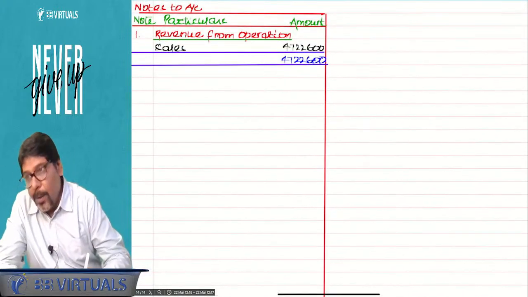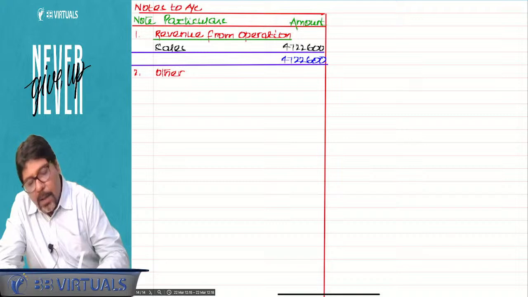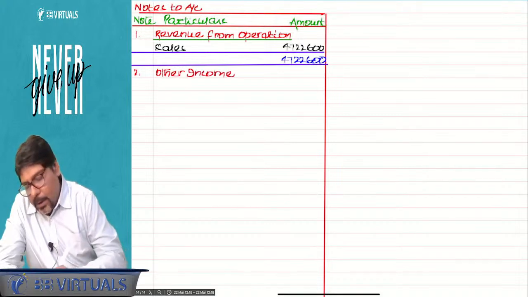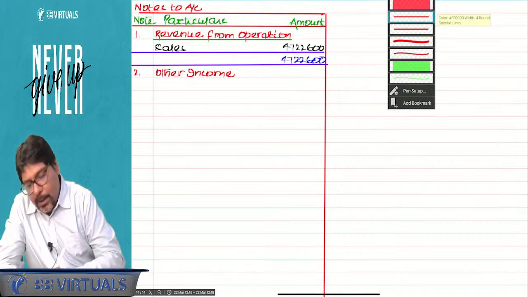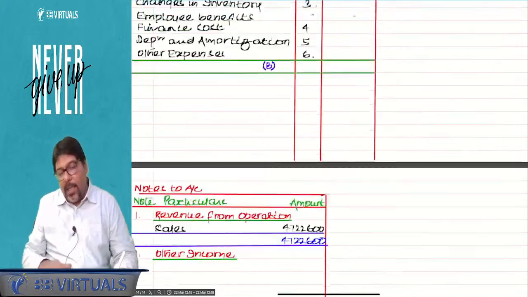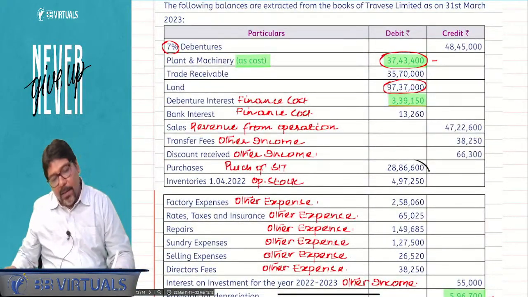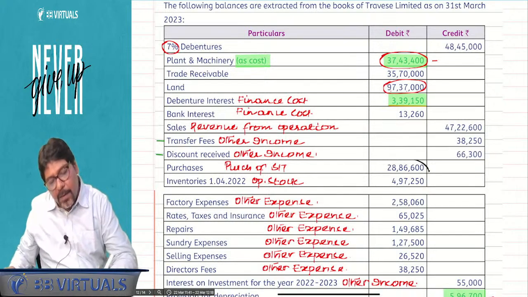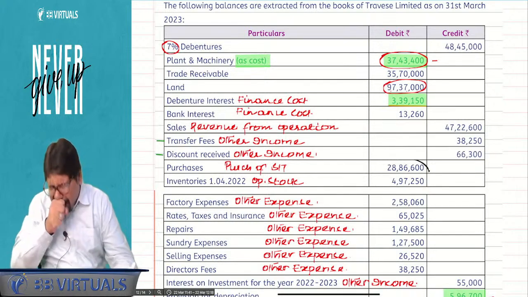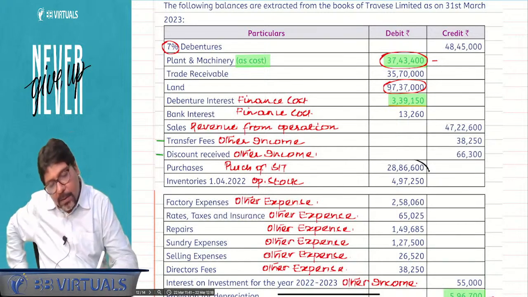Note number, other income. In other income, chartered, we have first transfer fees, discount received.